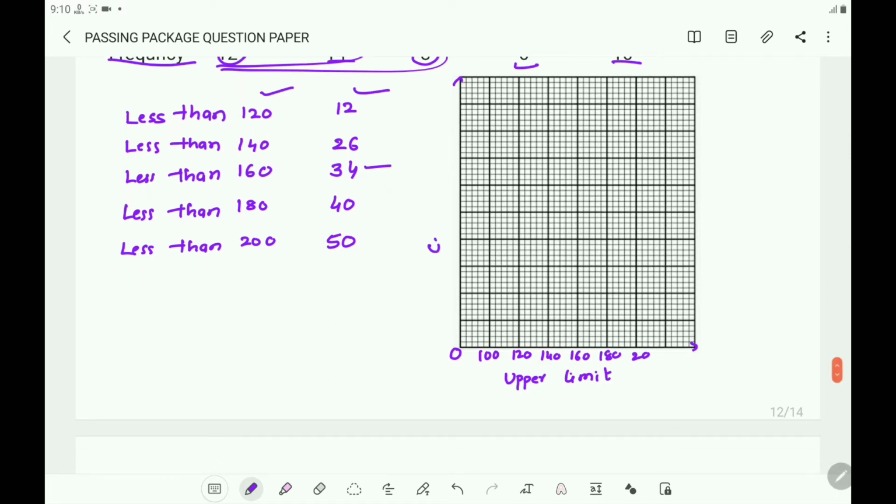So you write CF here, and for CF, 50 is the maximum. Here we count 1, 2, 3, 4, 5, 6, 7, 8, 9, 10. 10 are there, so you can take 5 frequency equals 1 unit.